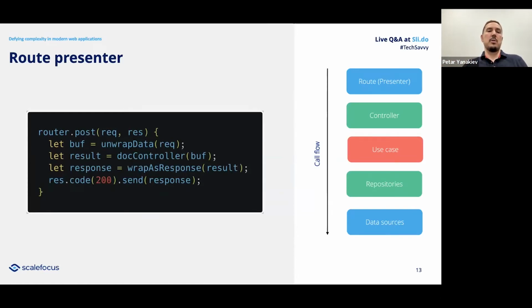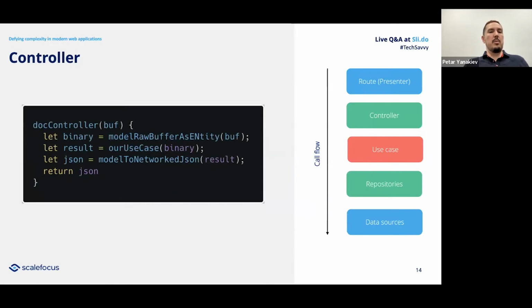And then the control is passed to the actual controller. So it makes sense to call them controllers, right? But what does the controller actually do? It receives the binary data and does something, and then we have an answer, a response. What would that be? So the controller actually can do several things.